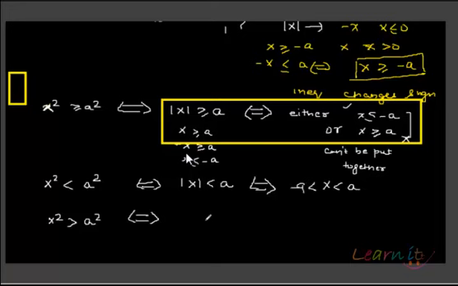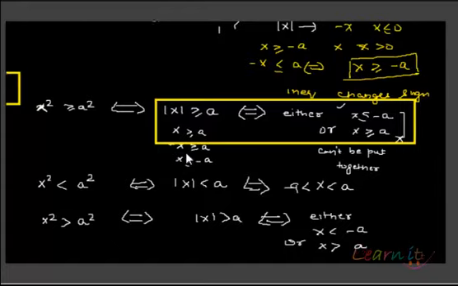Whereas when you're talking about x square being strictly greater than a square, that means that mod x is greater than a, which means either x is strictly less than minus a or x is strictly greater than a.